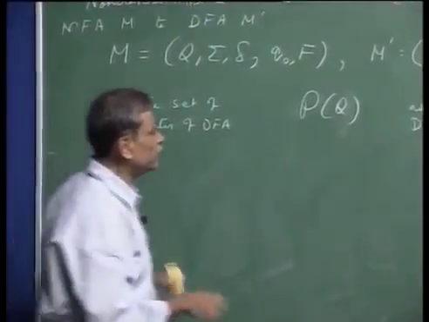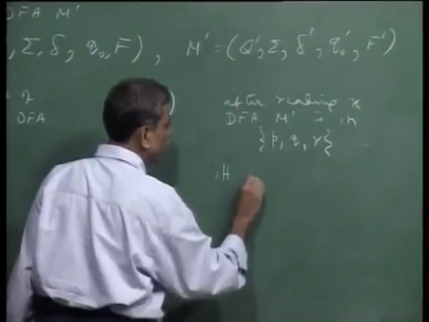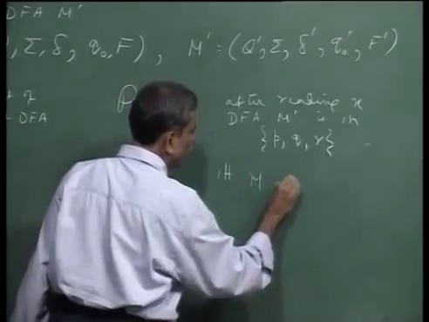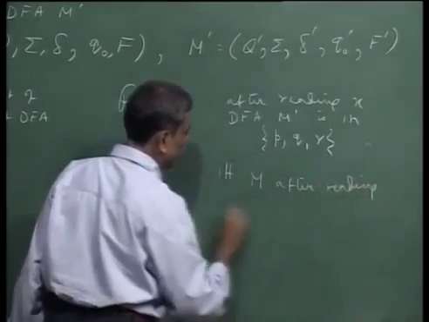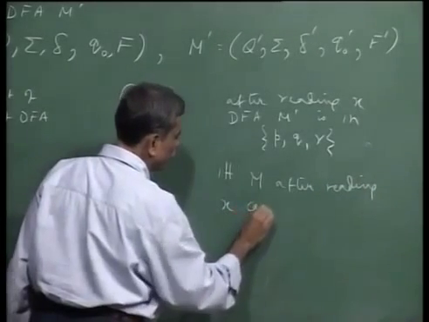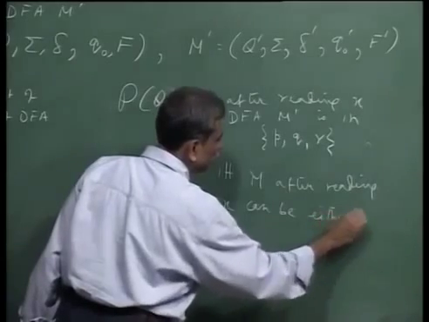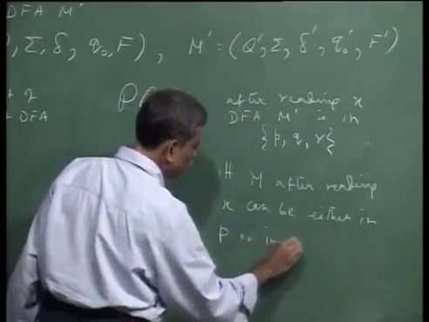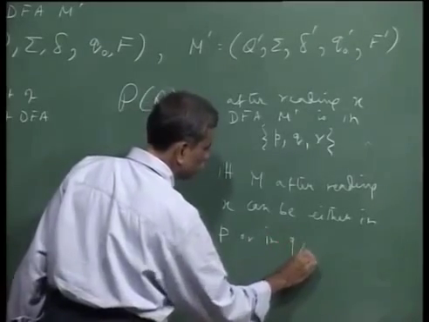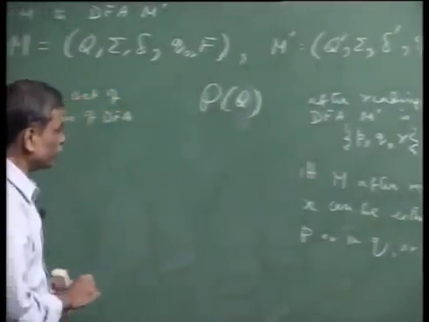What we would like to ensure is, if and only if M after reading X can be either in P or in Q or in R. This is what we would like to ensure.